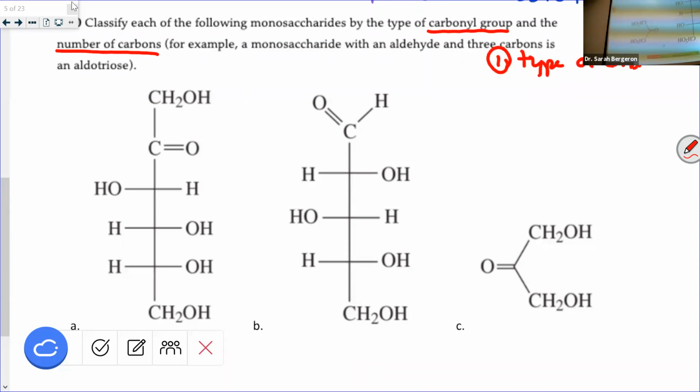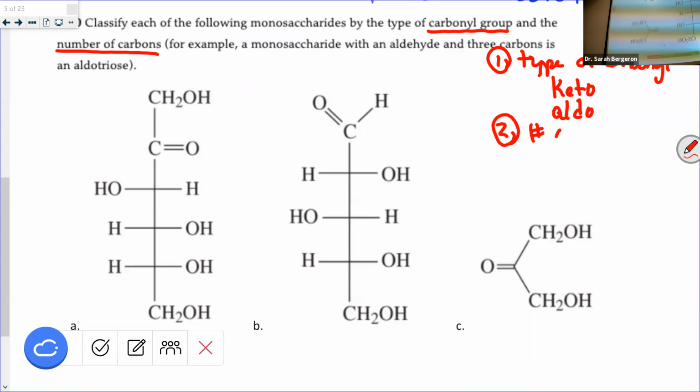What are my choices that we've talked about so far that have carbonyls in them? A ketone. If it's a ketone, what am I going to start my molecule with? Keto. If it's an aldehyde, what am I going to start with? Aldo. Then we're going to say the number of carbons.